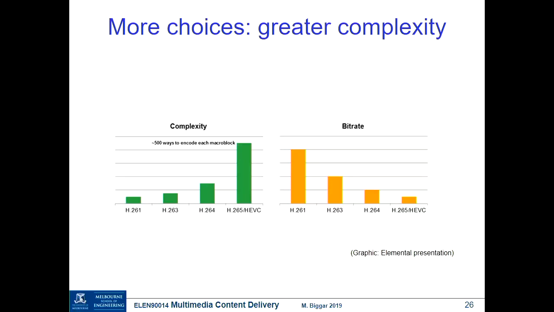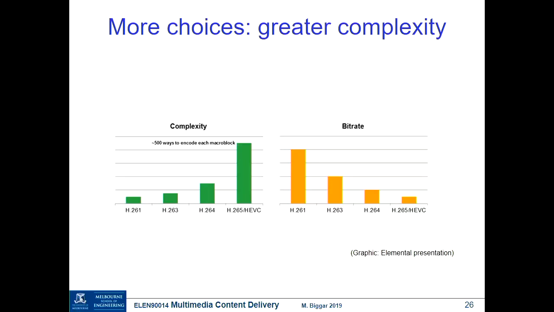Use them. That's what the decoder needs to know, and that's all that needs to be standardized to allow encoder and decoder to talk to one another. How you decide when to split up these blocks is up to you as a manufacturer.